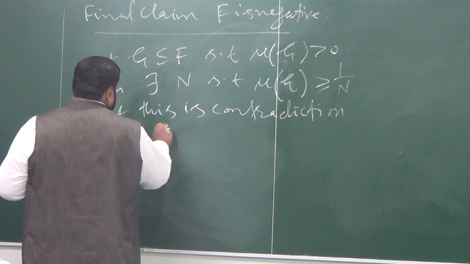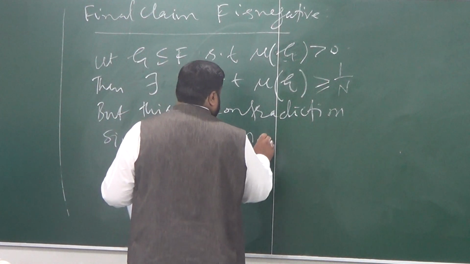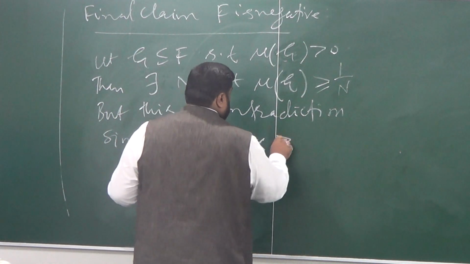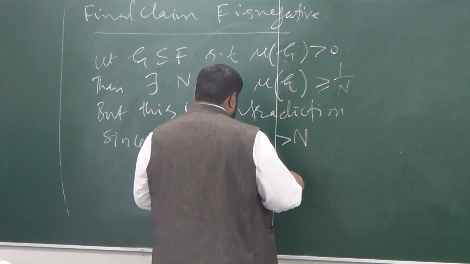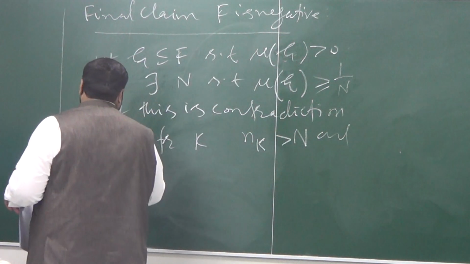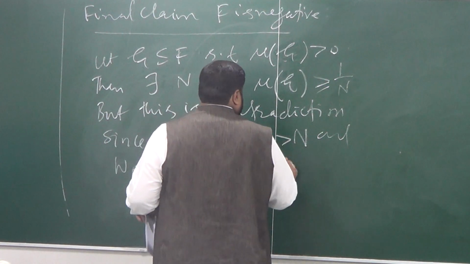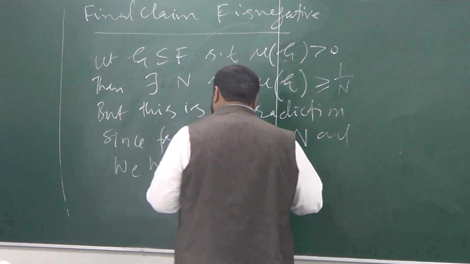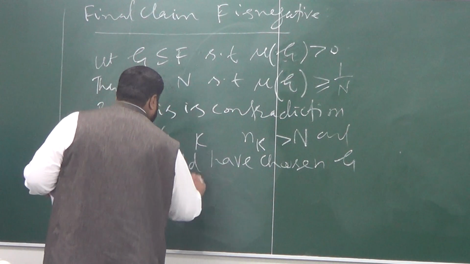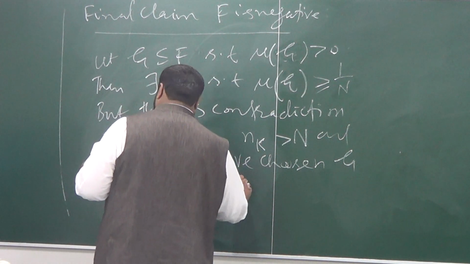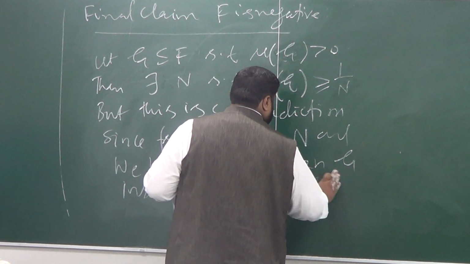Since for some k, obviously the sequence of nk's will cross capital N. And you would have chosen G instead of Ek at stage k.